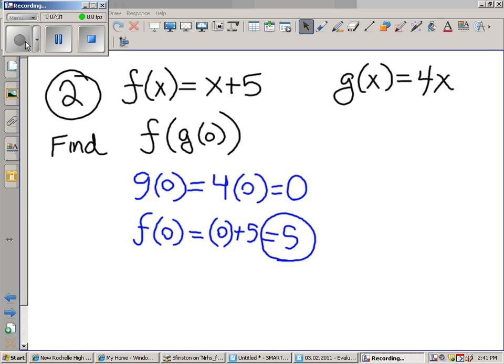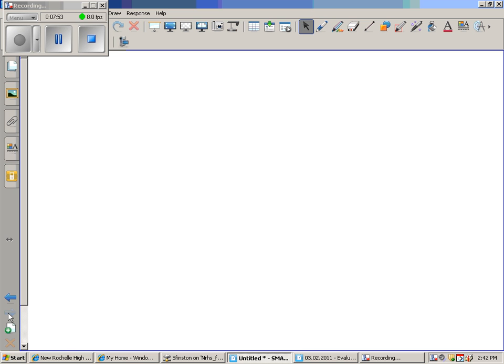Sure. You can even use fractions. Let me try one more time, and I'm just going to switch it up on you. I want you to see that it doesn't always have to be the f in the front, that it could be the g as well. So, f of x is going to be equal to x plus 5.